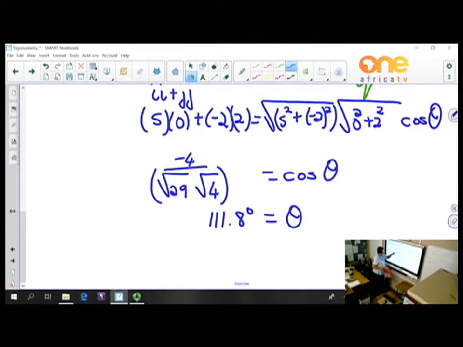Now, because of that negative, that's why I can immediately see that this is going to be an obtuse angle, because there's a negative there, that negative cosine. So don't throw it away, make sure that you have it. This works exactly the same in 3 dimensions. We're going to use exactly that same formula there.